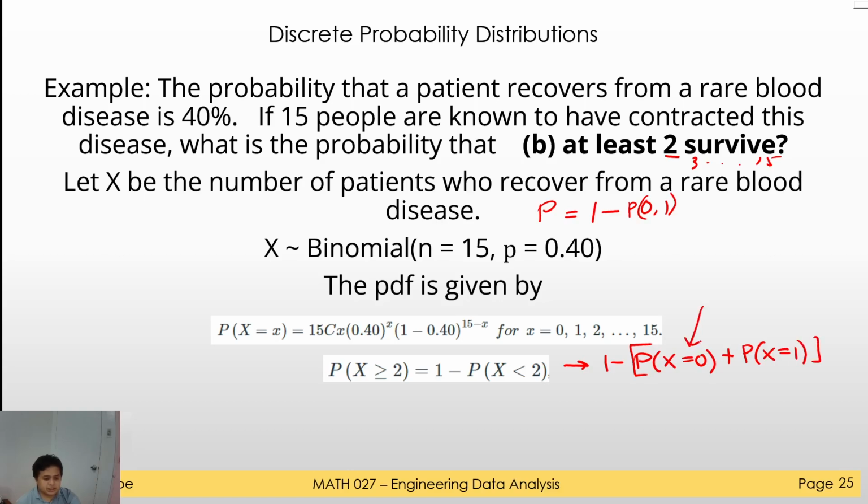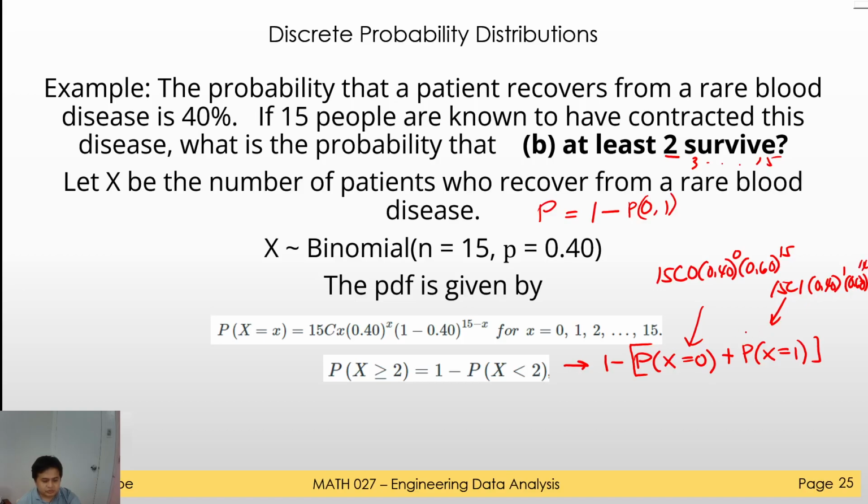Okay, so basically we have 15c0, and then 0.40 raised to x, so 0, and then 0.60 raised to 15, and this one will be 15c1, 0.40 raised to 1, and then multiplied by 0.60 raised to 14.